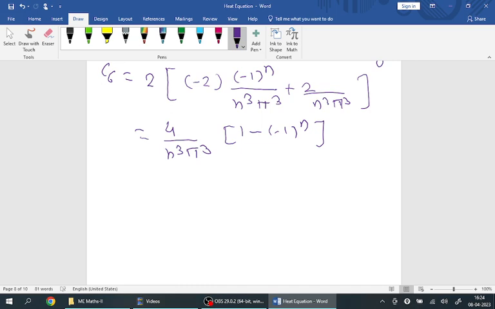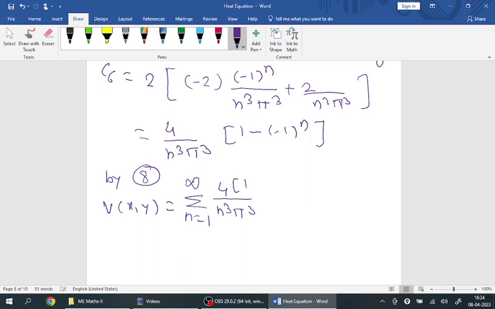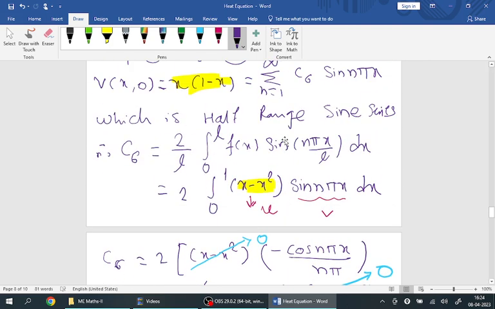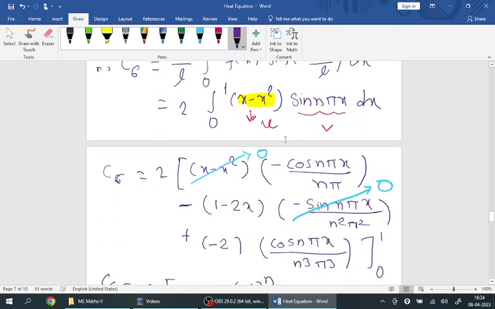Thus, equation 8 becomes V of x y is summation n varies from 1 to infinity, C6 means 4 upon n cube pi cube, 1 minus minus 1 raised to n, sine n pi x e raised to minus n pi y. I think that is a complete particular solution. E raised to minus, yes, correct.